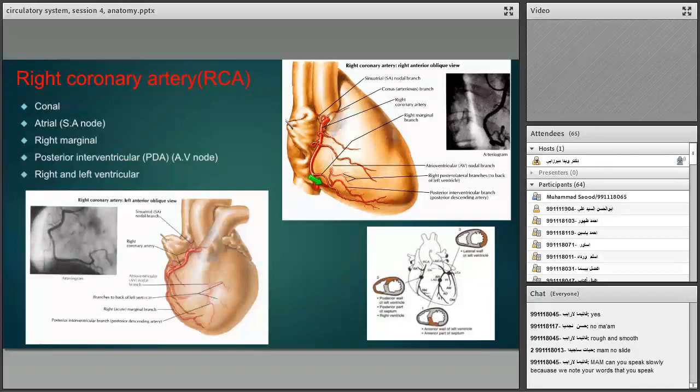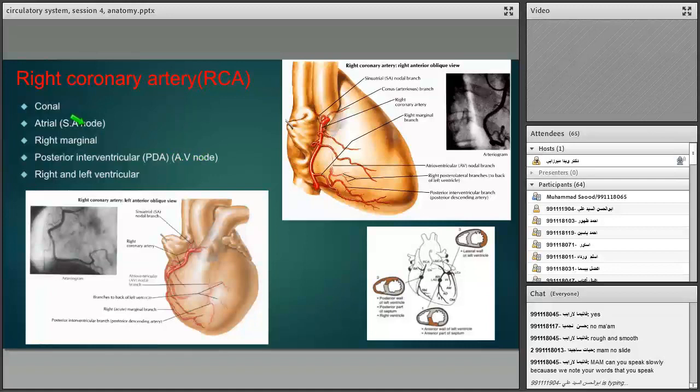It means the posterior interventricular artery is sending the branch for the AV node. Okay. The posterior interventricular branch of the right coronary artery is sending a branch to the AV node.